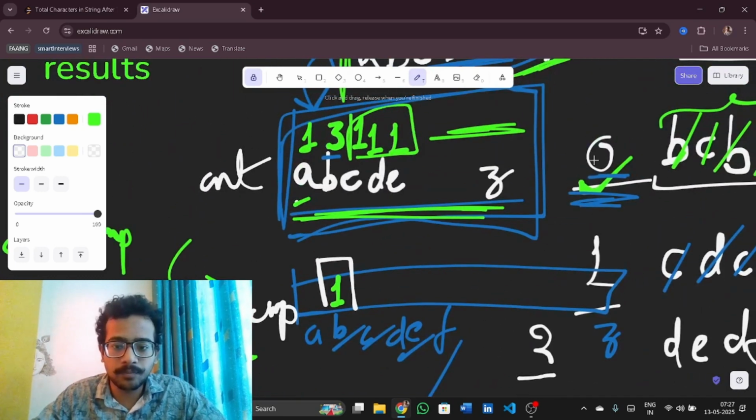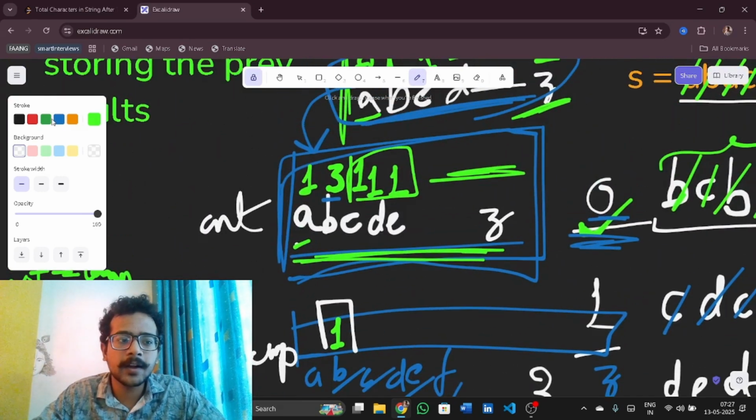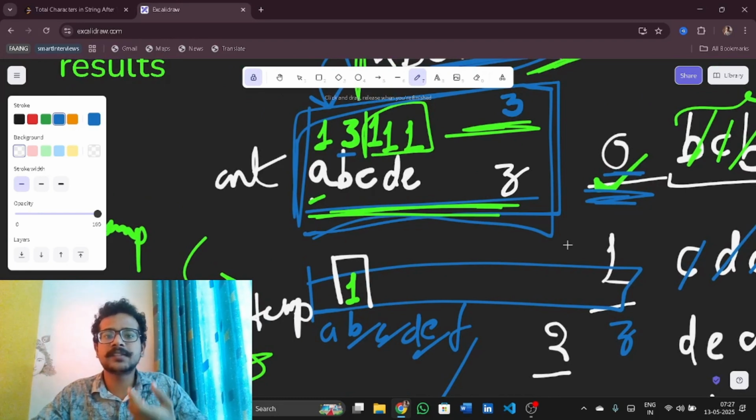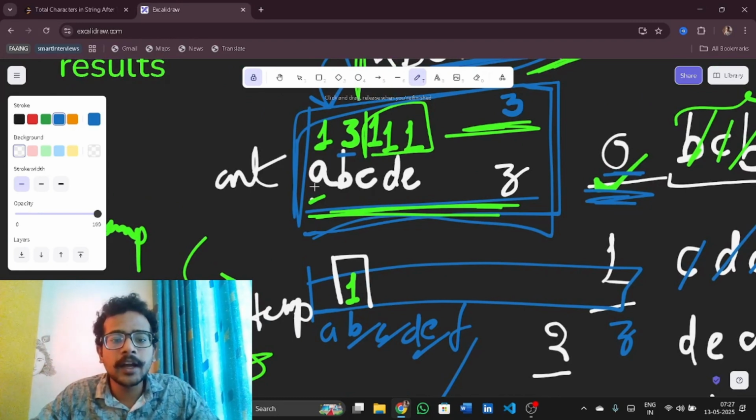Why not? Because as I said, if Z is there three times, then I need to handle it. If Z is already present three times, and now I got an A again, then if I didn't do it like that, the size will not be Z's three, it will become 1.